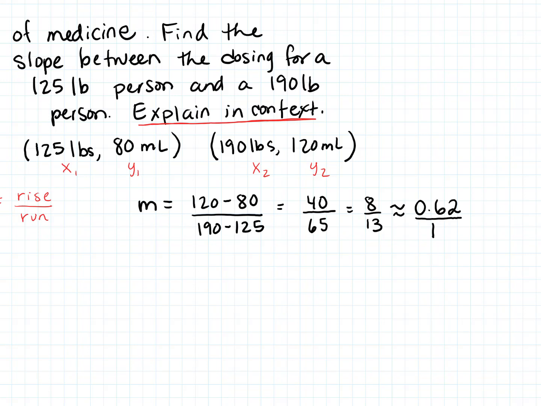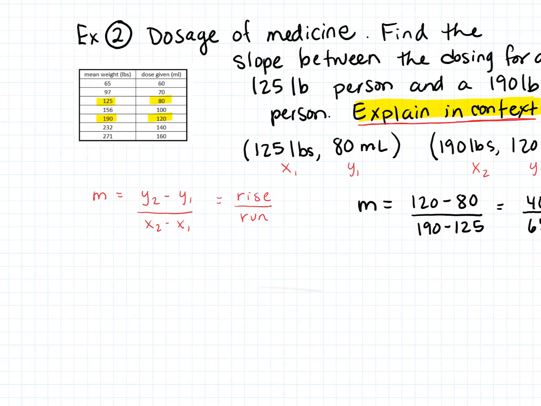The reason we're going to do that is because we are always going to have this little piece about explaining in context. And in order to explain the slope, or anything with data, in context, we're going to need to know what the units are. That's why I put the units in the ordered pairs, so that when we were focused on just the ordered pairs, we could have referenced back to the table.